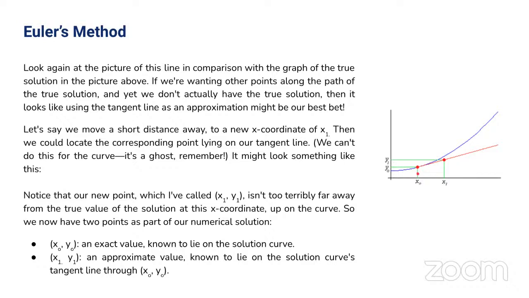Now, the movement we made from x0 to x1 is typically called the step size. And we'll see how the step size is used going forward and how it even affects the solution to our differential equation when we look at other parts of the presentation.